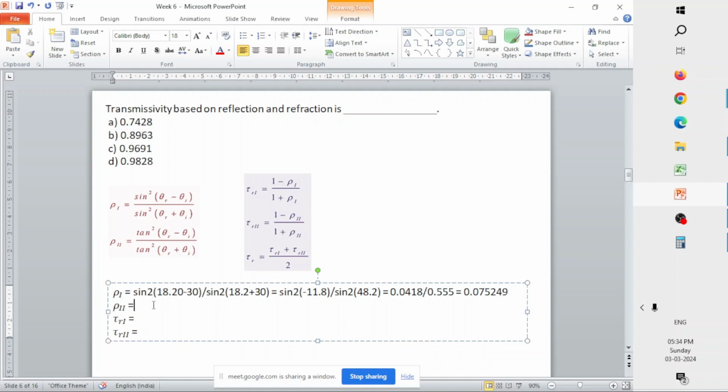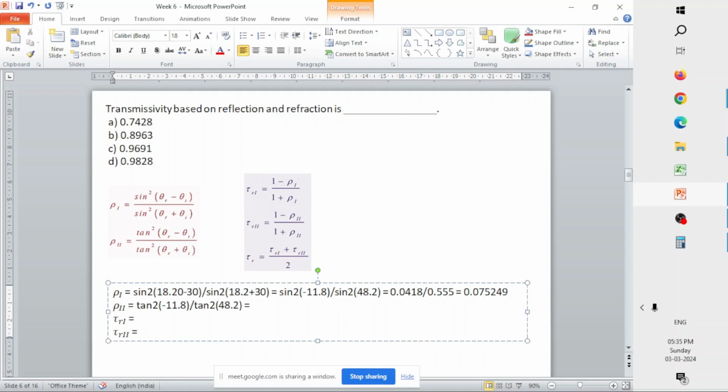Similarly for rho 2, the value will be tan square of minus 11.8 divided by tan square of 48.2.